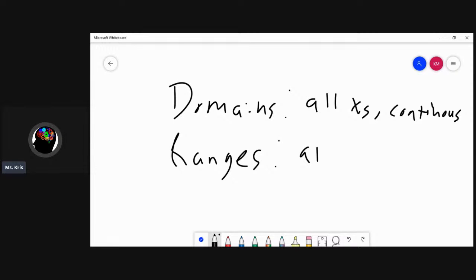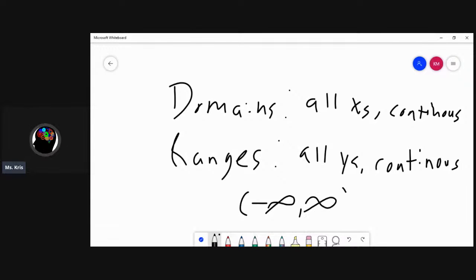Ranges is all my y's on a continuous function. Continuous means it is not being interrupted. So for all real numbers based on the certain function, it's going to be from negative infinity to infinity.